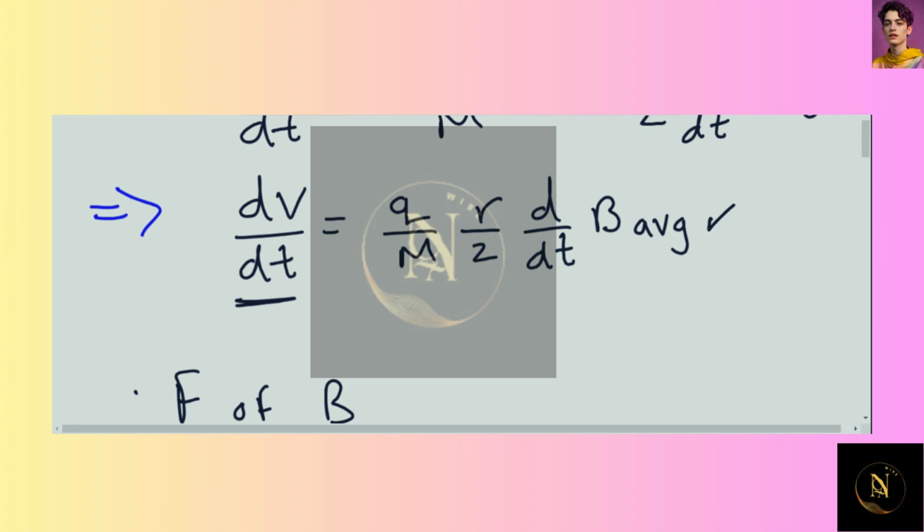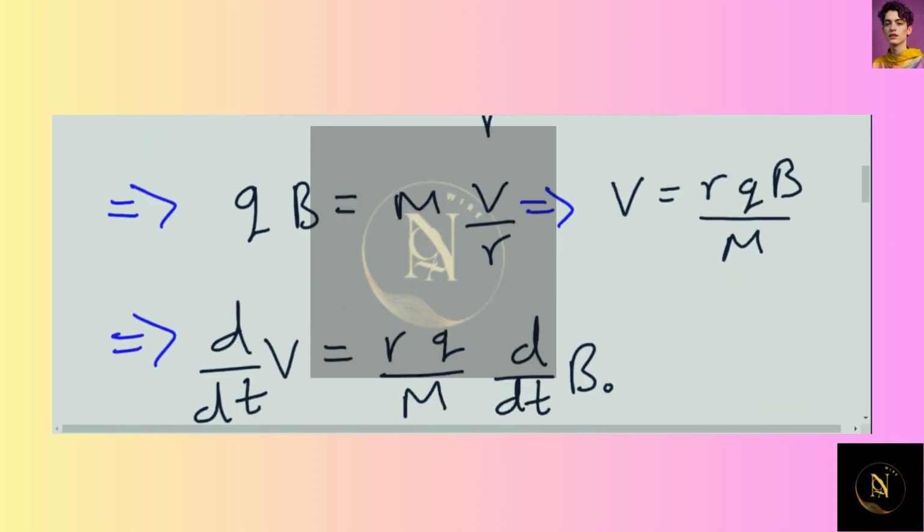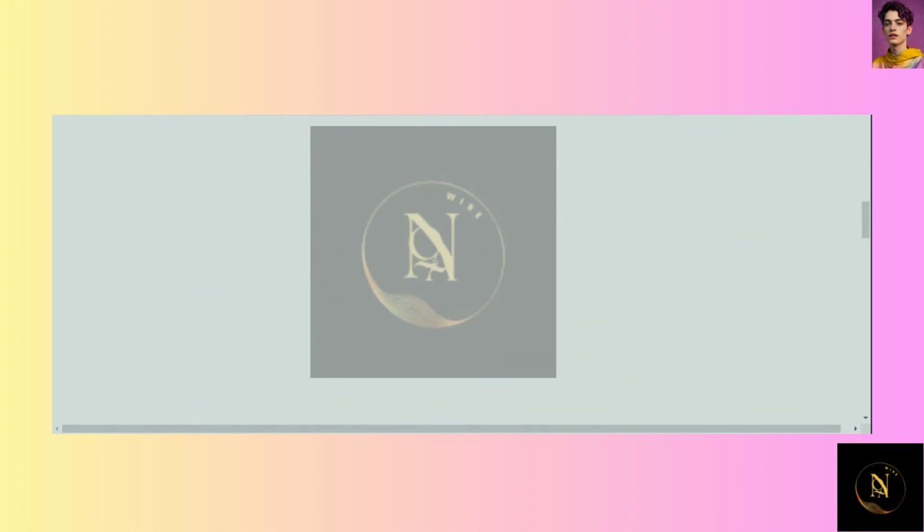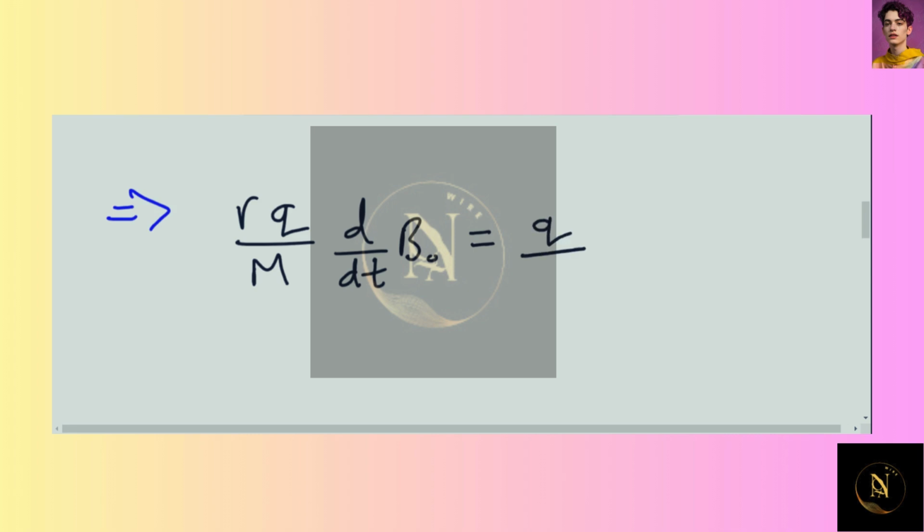And so now that we have an expression for dv/dt, we can plug that back in to our equation over here. So we get on the left side r Q over M d/dt B naught. So the acceleration on the electrons equals what we still have over here on the right, Q over M R over 2 d/dt B average.